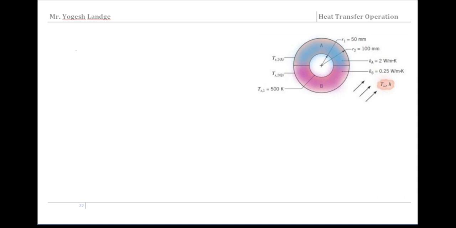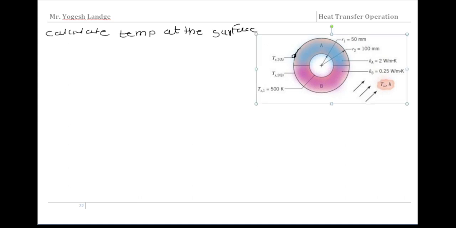So if the question is to calculate the temperature at the surface, we can write a simple formula. What is the temperature at this point inside this surface, and what is the temperature at this surface?